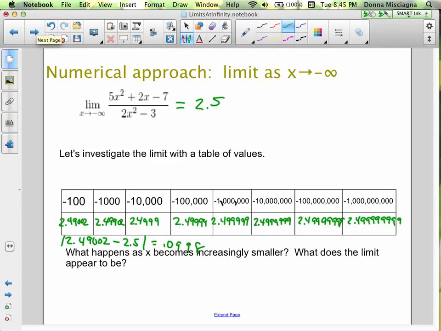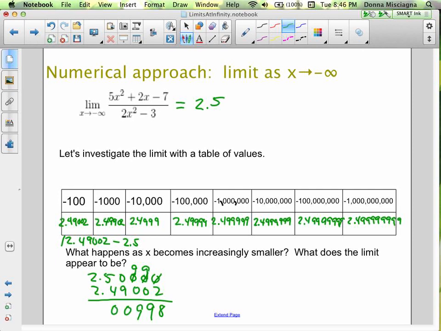And if I add, oh no, that was a 9 over there. Oh my gosh. Well, when it gets to be late, 2.51000, just put a 0 there. 2.49002 shouldn't be that difficult. This would be an 8. That would carry over to be a 9. This would be a 9. I was missing a 0. There we go. So I knew something looked wrong. 0.00998. Yay! There we go.